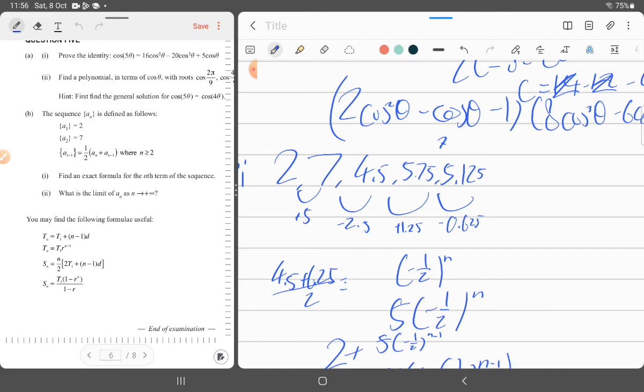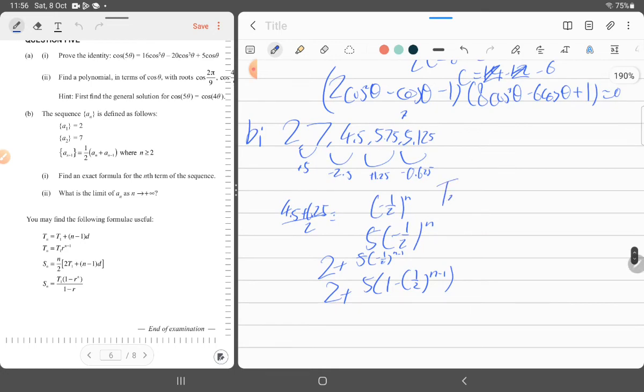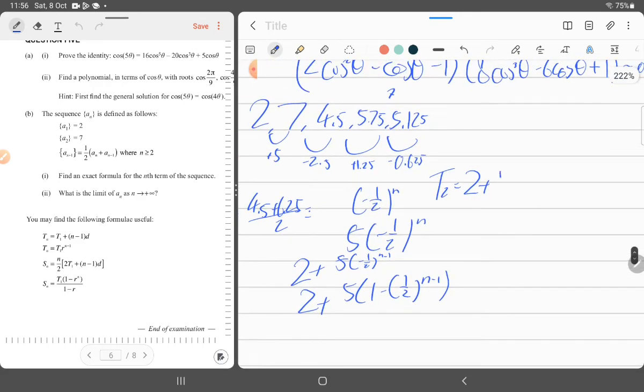Right, so term 2, the second term is equal to the first term plus the difference in the first term. Then the third term is equal to the difference in the second plus the difference in the first term.